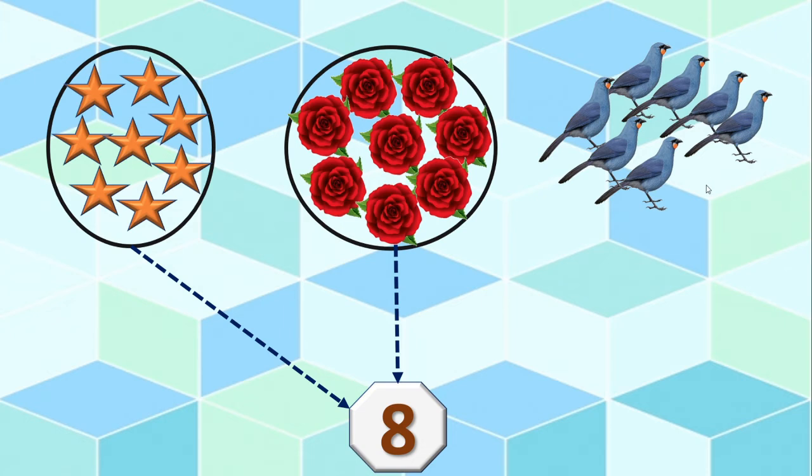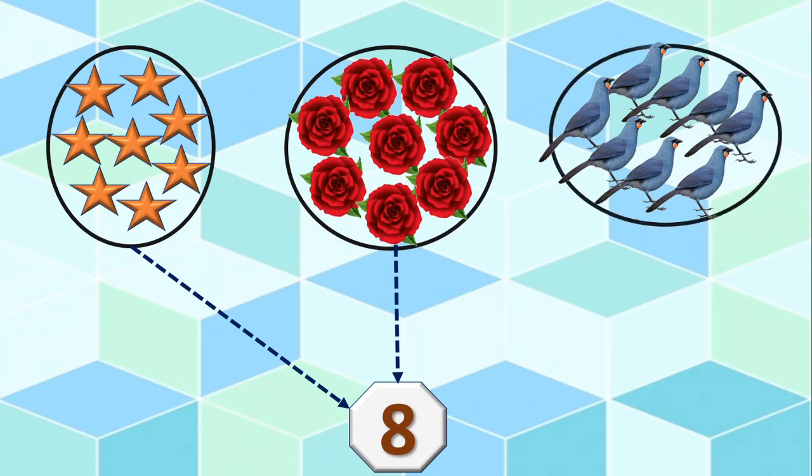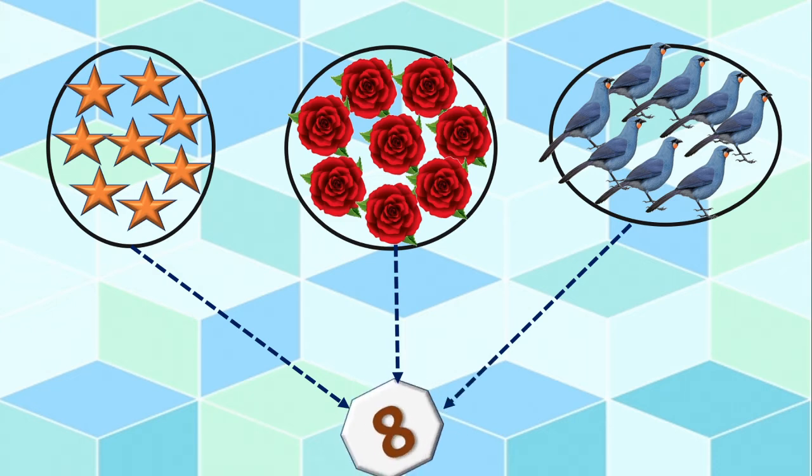Here 7 birds are there. We are going to add one more bird. So all together they became 8. Okay, means all these are 8 in numbers. Got this, children? After 6 comes 7, then comes 8.